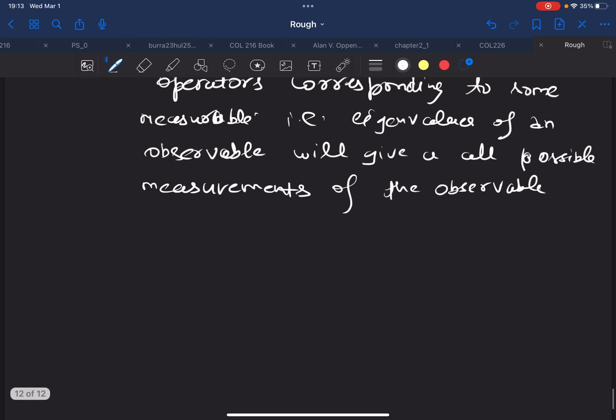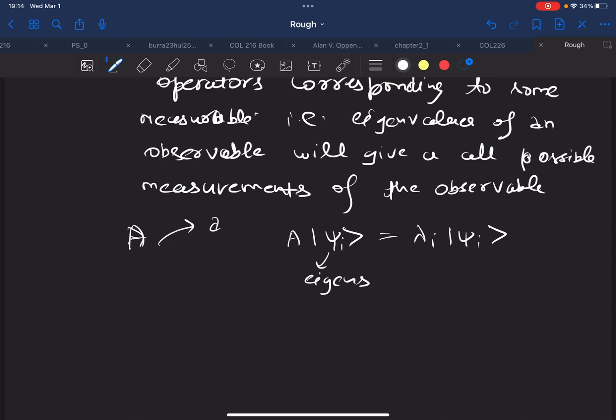Suppose we have an operator A, which is basically the operator corresponding to the observable A. So when we are calculating this lambda I, the eigenvalue corresponding to some eigenstate, this is an eigenstate of a system. Eigenstate basically means the state of a system which satisfies this equation.